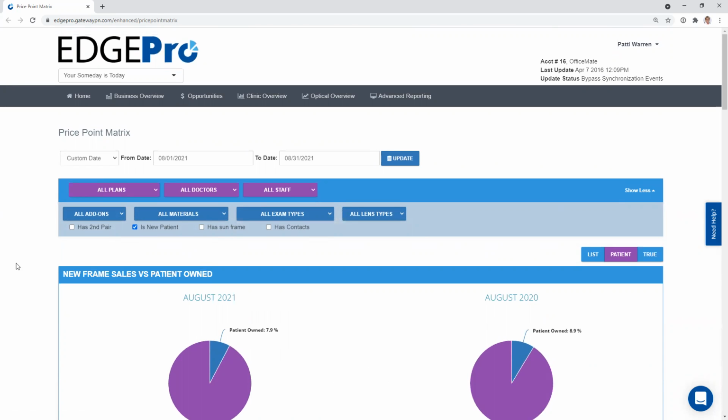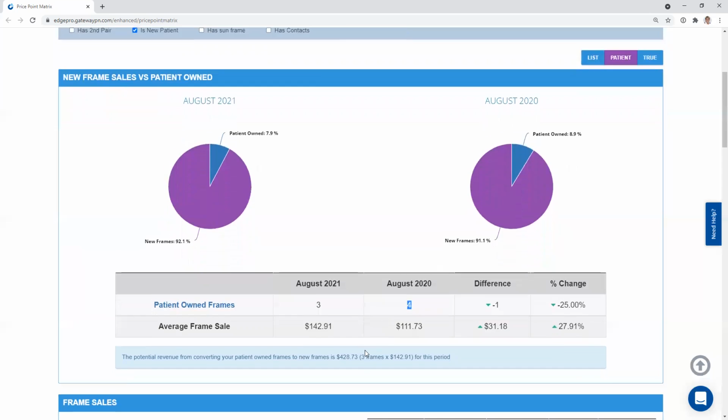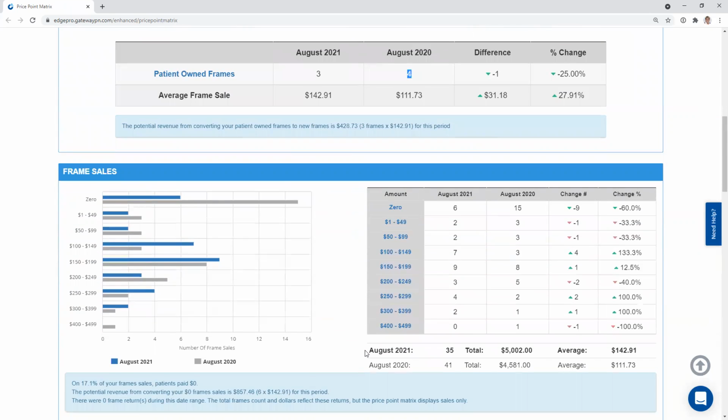And now I'm able to see, okay, my new patients, I only had 3 of them use their own frame. Last year we had 4, so we had 1 less. I can also see in my frame categories that on average, my new patients are spending more money. And it's really because we had 9 fewer of them get the covered frame.